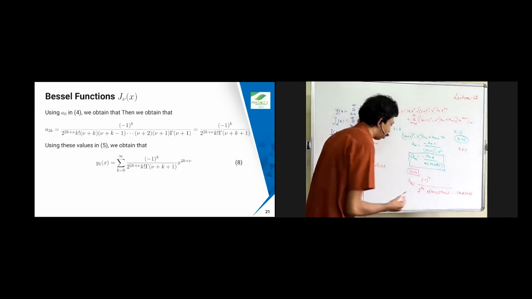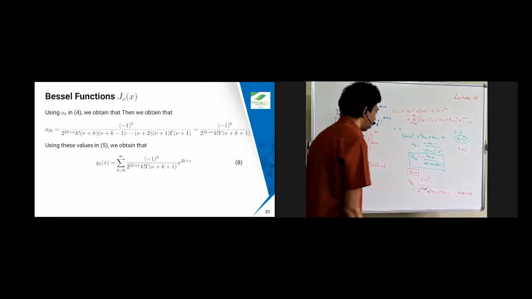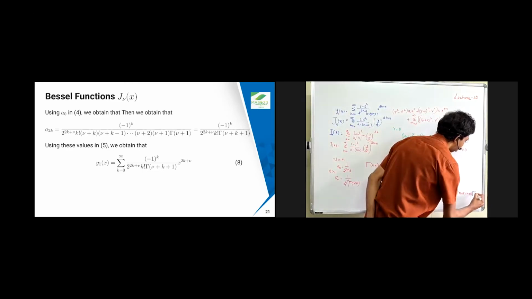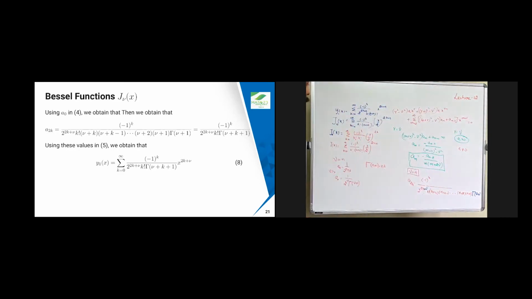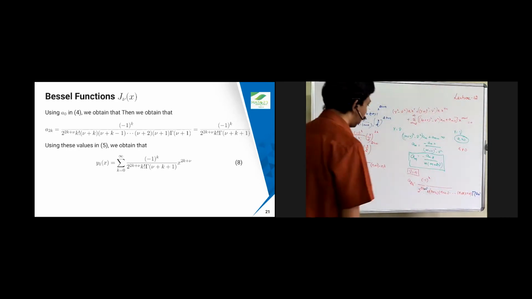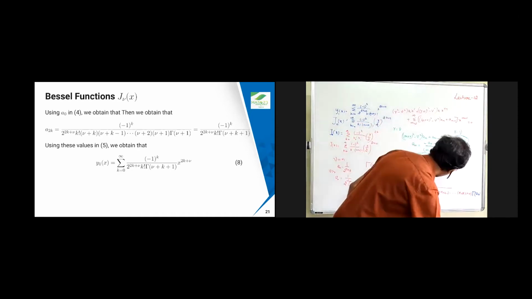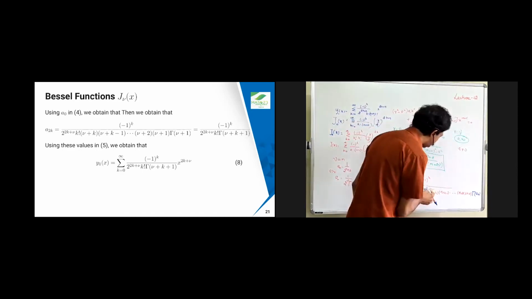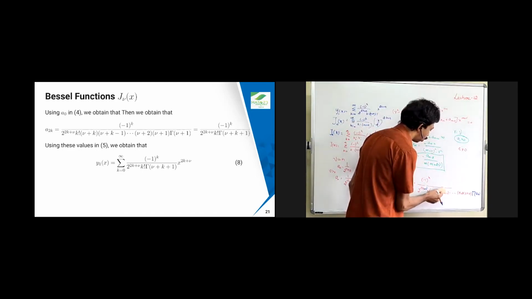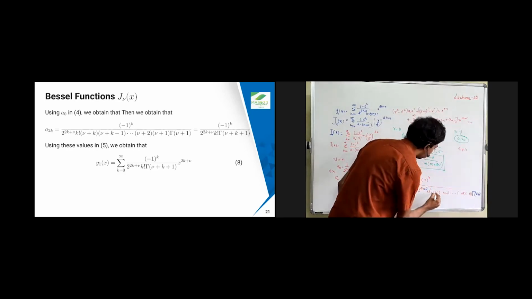So I put the nu here, and then I put gamma of nu plus 1 here. Wherever I had n, that is going to become nu. So this is the nu case, not the u equal to n case. Wherever I have n, I have to replace it with nu.